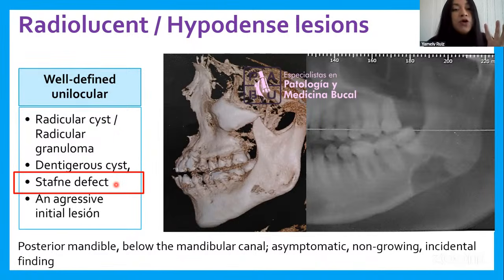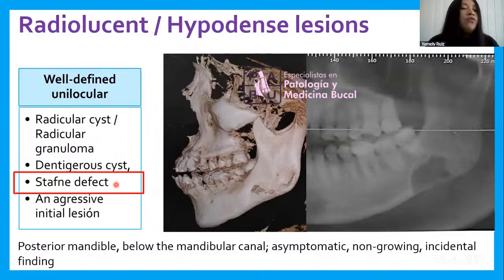This is an asymptomatic finding. Clinically, it has no characteristics that make us think that there is something in this bone. This is only a radiographic or tomographic finding, and it is not growing, only an incidental and innocuous finding.